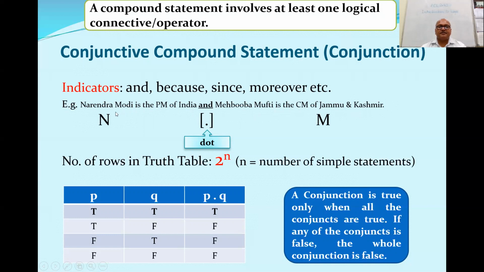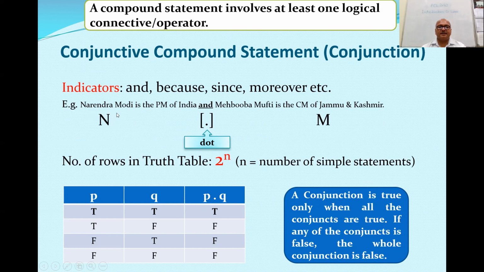We adopt a symbol for representing a simple statement. So Narendra Modi is the PM of India is one simple statement, and the other simple statement is this. So we choose one symbol for this simple statement and another symbol for this different simple statement.